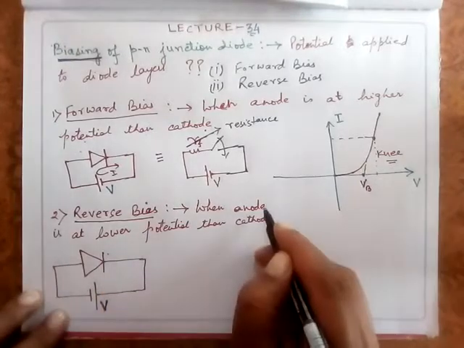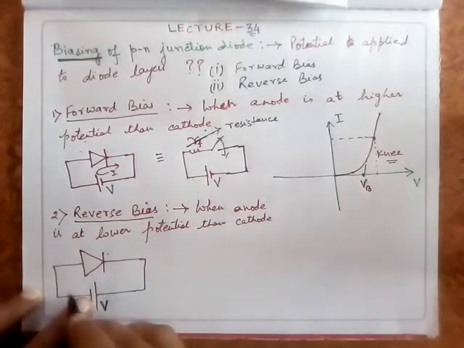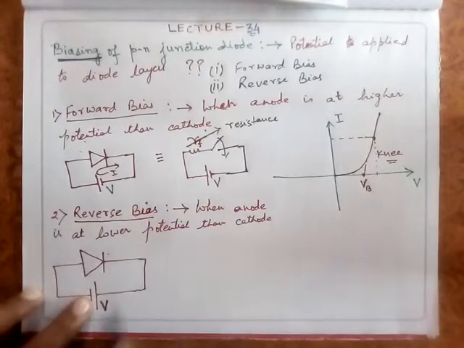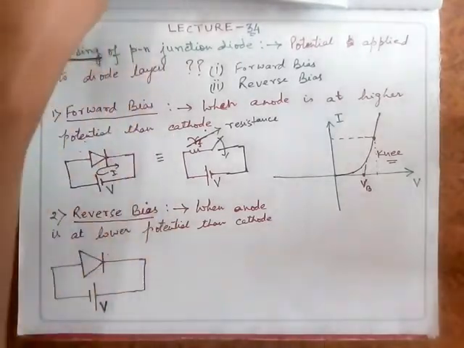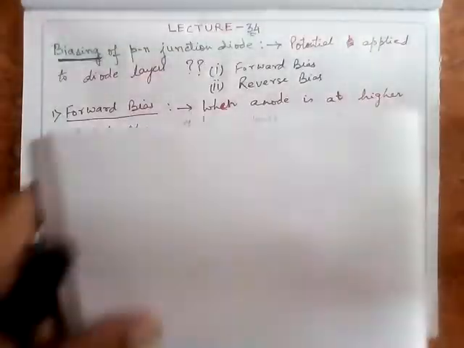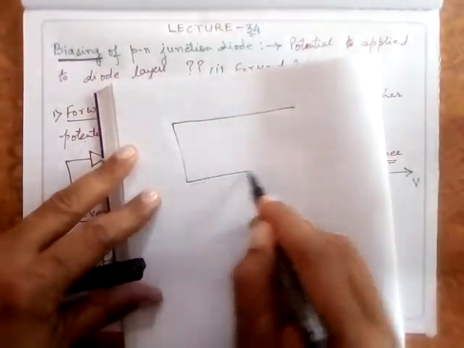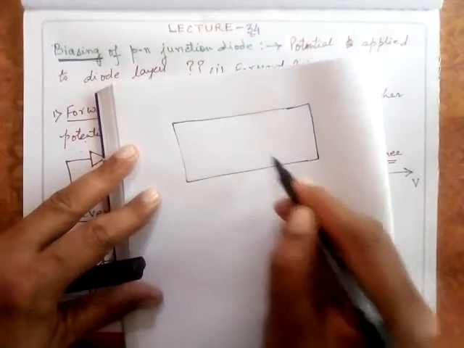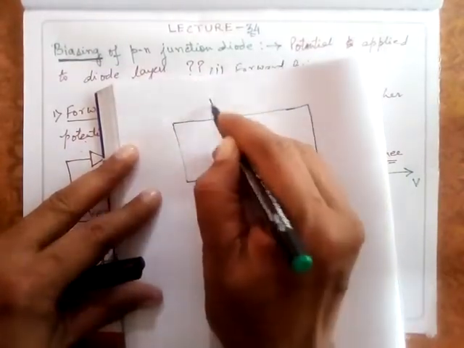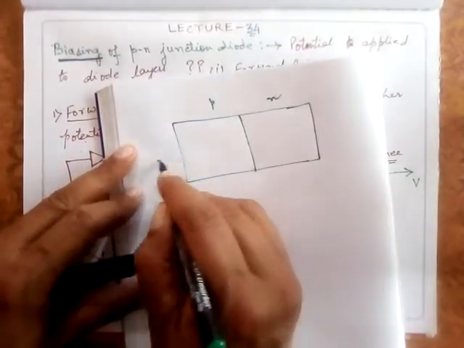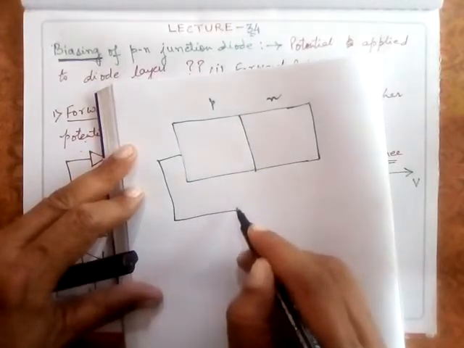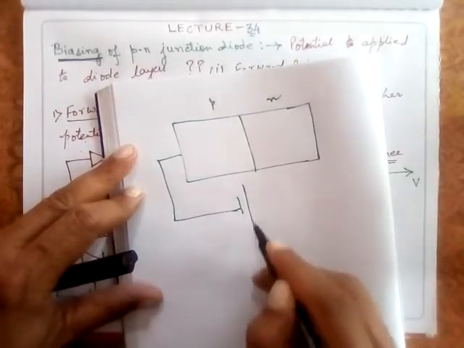So cathode is at higher potential, or I say that anode is at lower potential as compared to cathode. Now what happens under this condition? I'll try to explain this with the help of this. Say this is P and this is N here. This is reverse bias. Reverse bias means this is at lower potential and this is at higher potential.